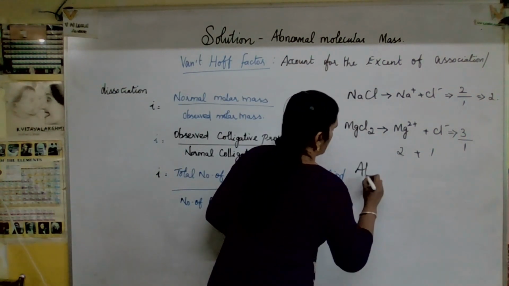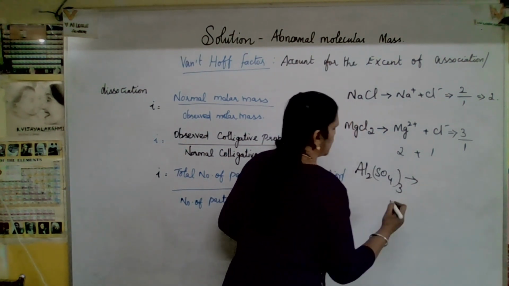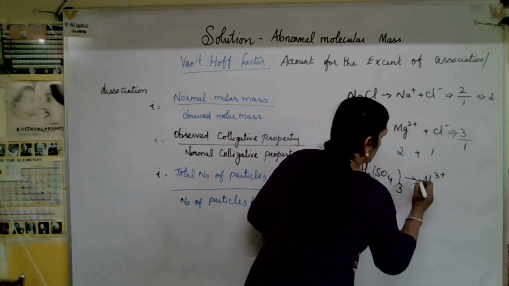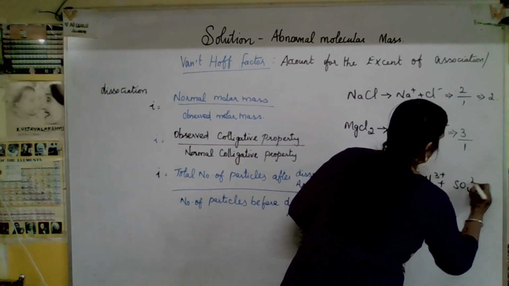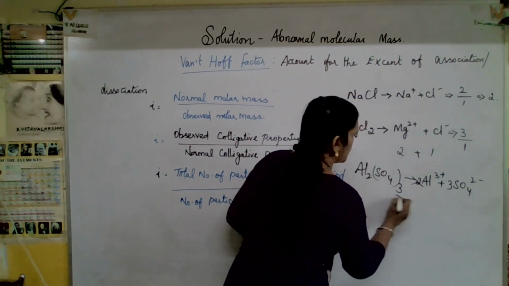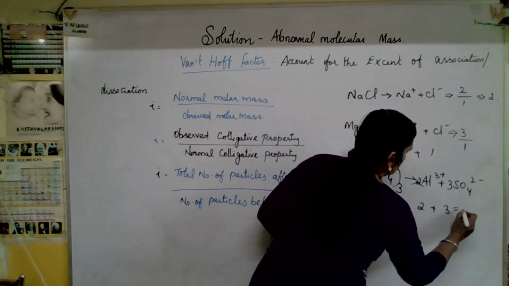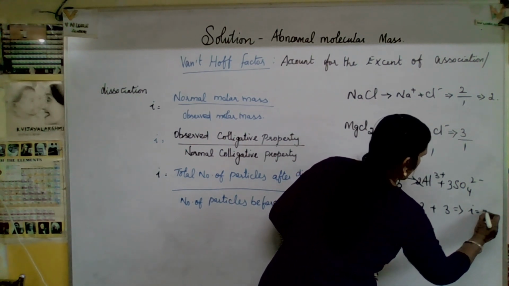Now the same way, Al2(SO4)3. How do you get it for dissociation? 2Al3+ and 3SO4 2-. So naturally, how much? 2 plus 3, the i factor is 5.